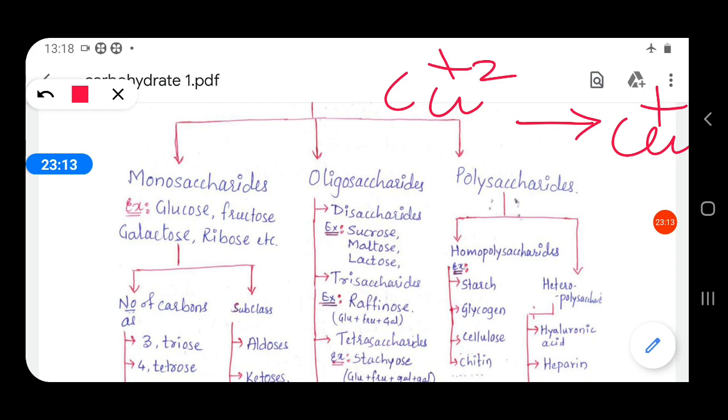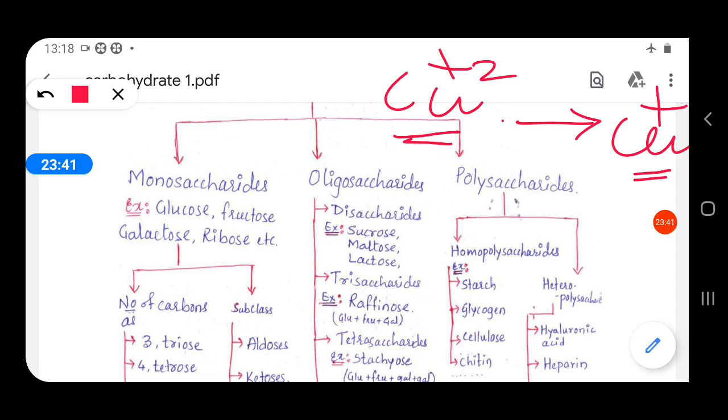It is indicated by Cu2+ being blue in color, and when it is converted into Cu+, it gives a brown precipitate. So Fehling solution contains Cu2+. So carbohydrates reduce Fehling's solution. The carbohydrates which reduce Benedict's reagent are called reducing sugars.